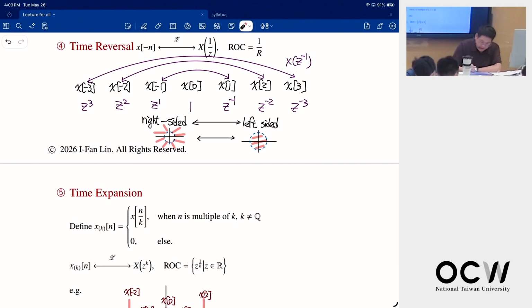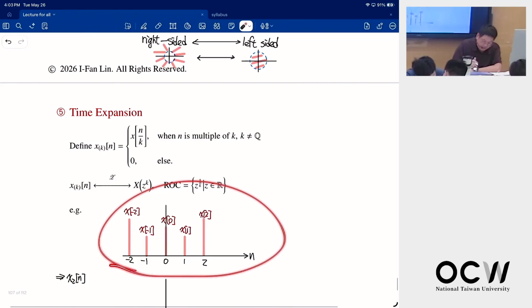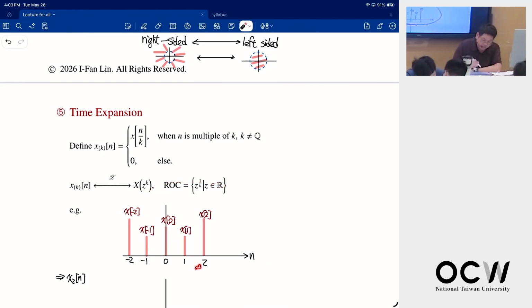Then the z transform will be z to the k. And here is the region of convergence. Let's see an example. If I have this original signal, then what does that mean? x2, k is 2. So there will be n divided by 2, which means the expansion.